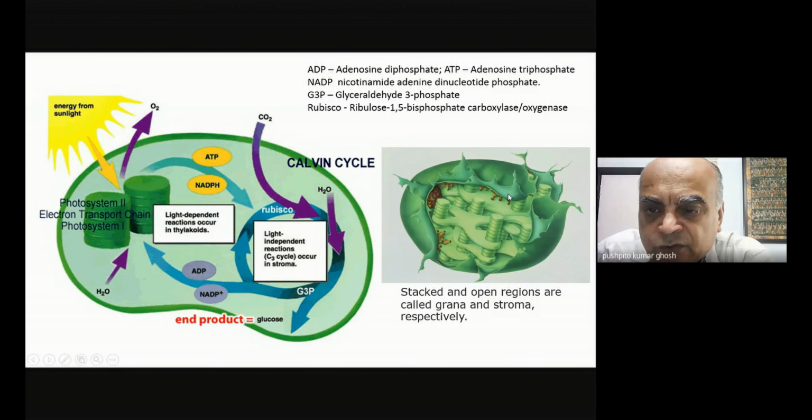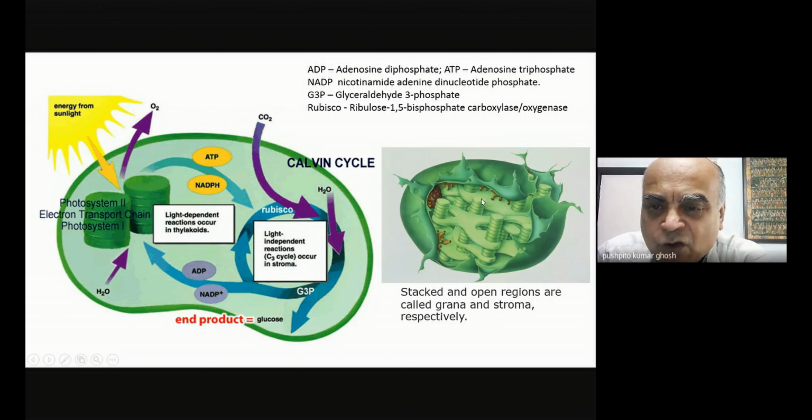If you look at the architecture of this photosynthetic apparatus, it's very interesting. The thylakoid membranes, this part, looks as if it's like carom pieces, as if they are all stacked together.